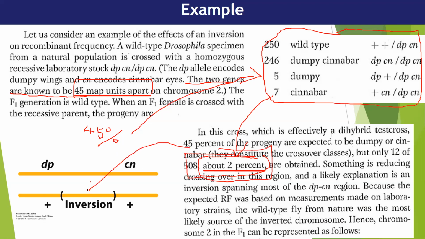One possible mechanism is that in this dihybrid individual, one chromosome has an inversion, and the inversion is quite large. Because 45% versus 2% means about 43% of the map units is covered by this inversion.